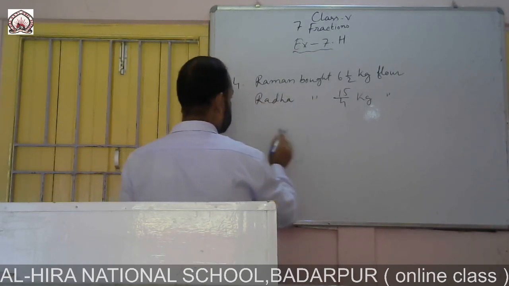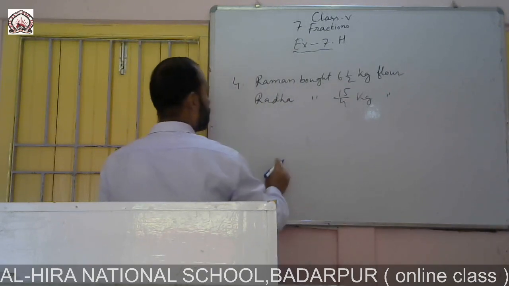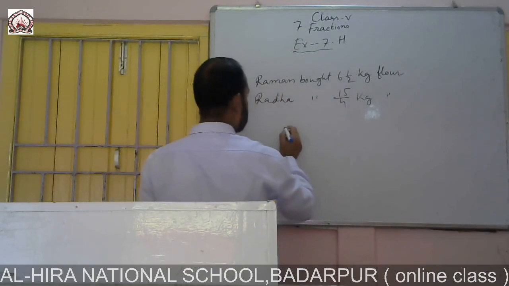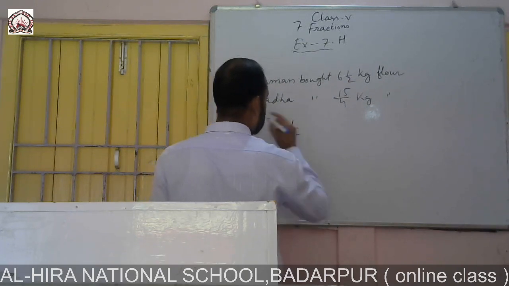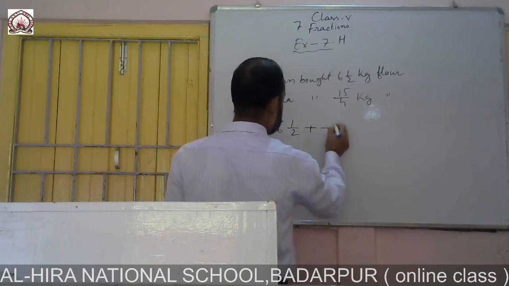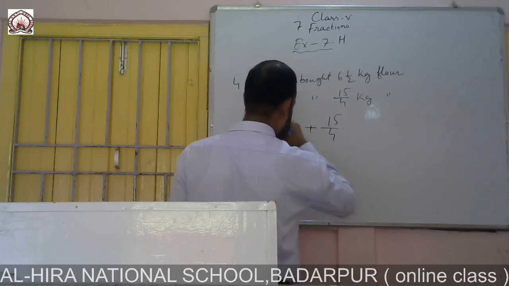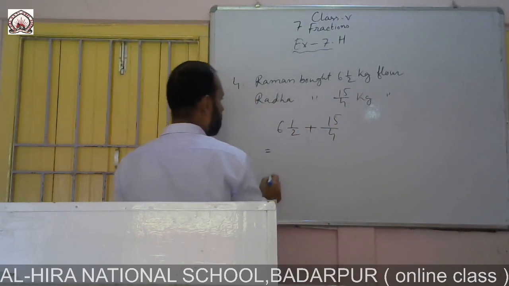So first we take out the total. Total means we do what? Plus. 6 1/2 plus 15 by 4 kg.